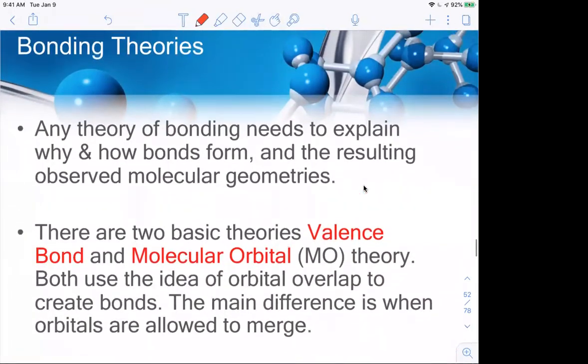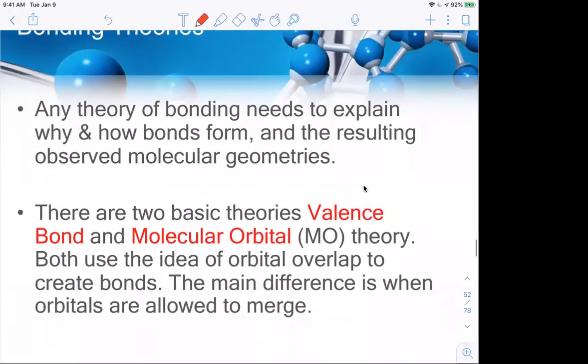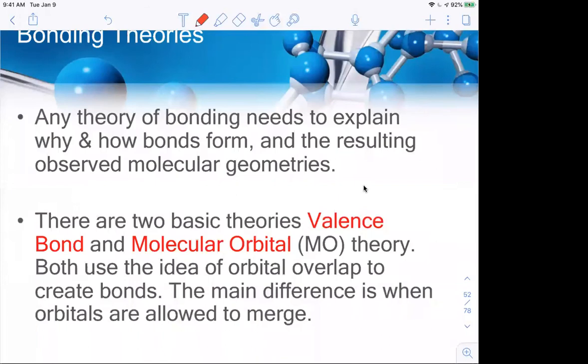Any theory of bonding needs to explain why and how bonds form, and it also has to explain the observed molecular geometry. So this is an experimentally determined theory. What we were just talking about in terms of hybridization models would be a valence bond type theory.